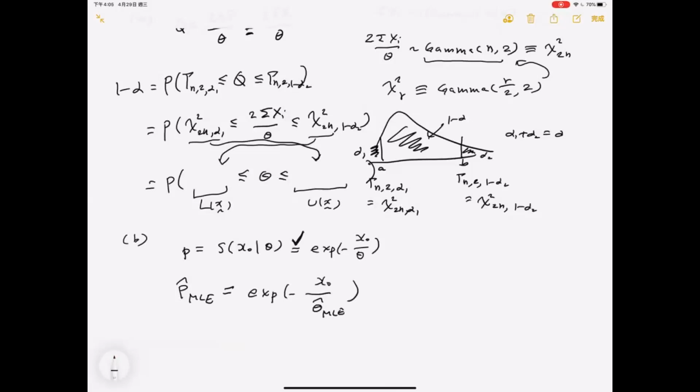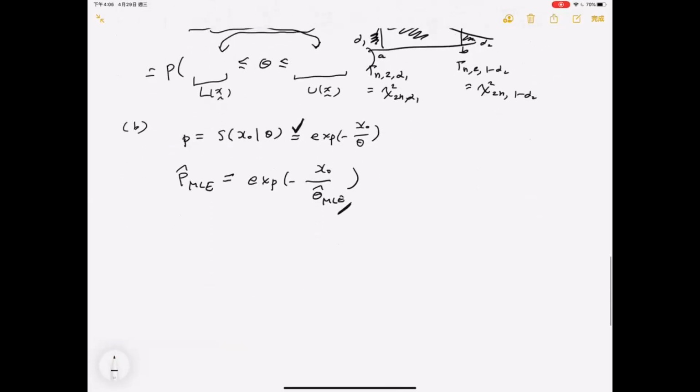Then by the invariance property, P MLE is nothing but the plug-in of the theta hat MLE right here. Making sense? So that means P MLE should be easy to derive. Then you will know that theta hat MLE right here is X bar.